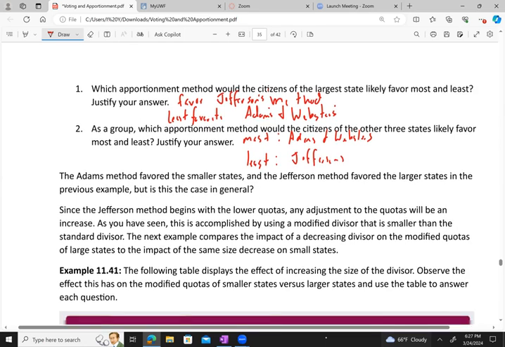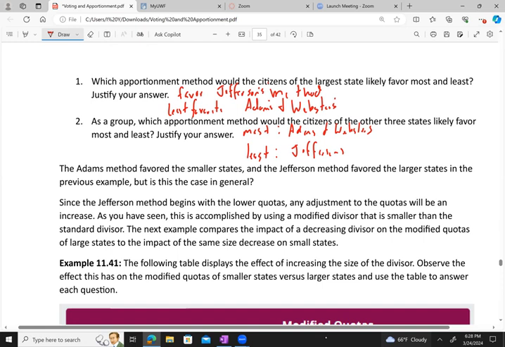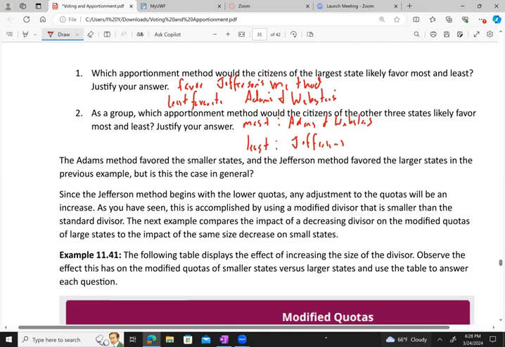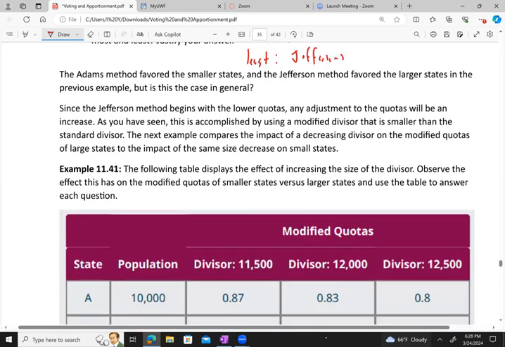Adams' method favored the smaller states, and the Jefferson method favored the larger states in the previous example. But is this the case in general? Since Jefferson method begins with lower quotas, any adjustment to the quotas will be an increase. As you have seen, this is accomplished by using a modified divisor that is smaller than the standard divisor.